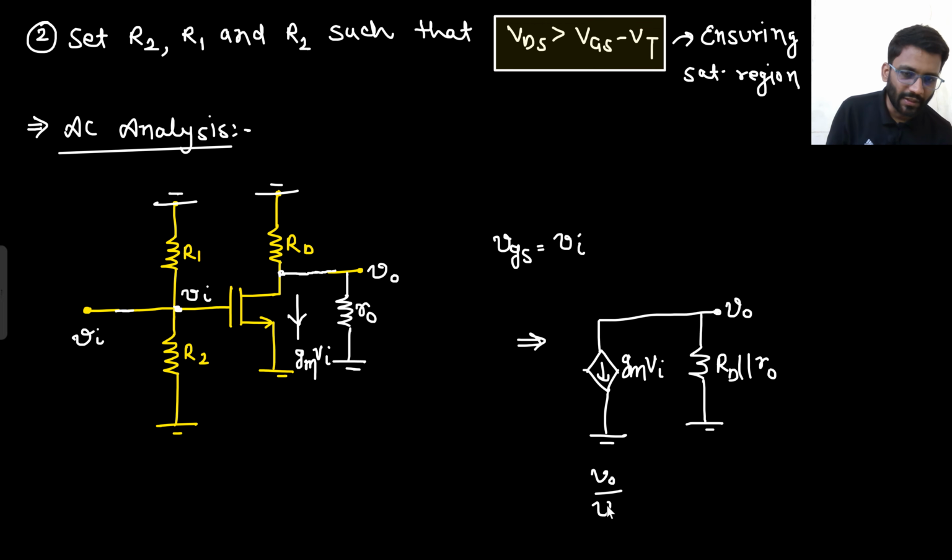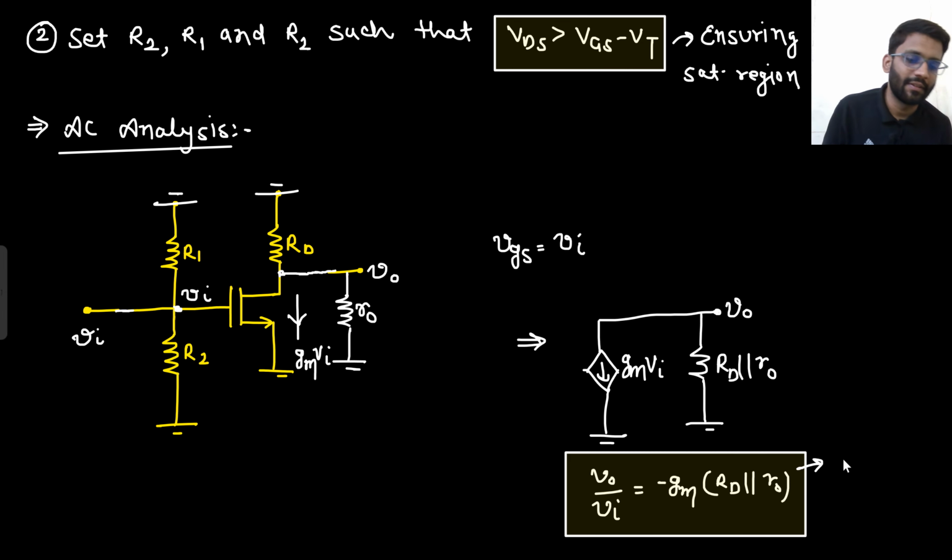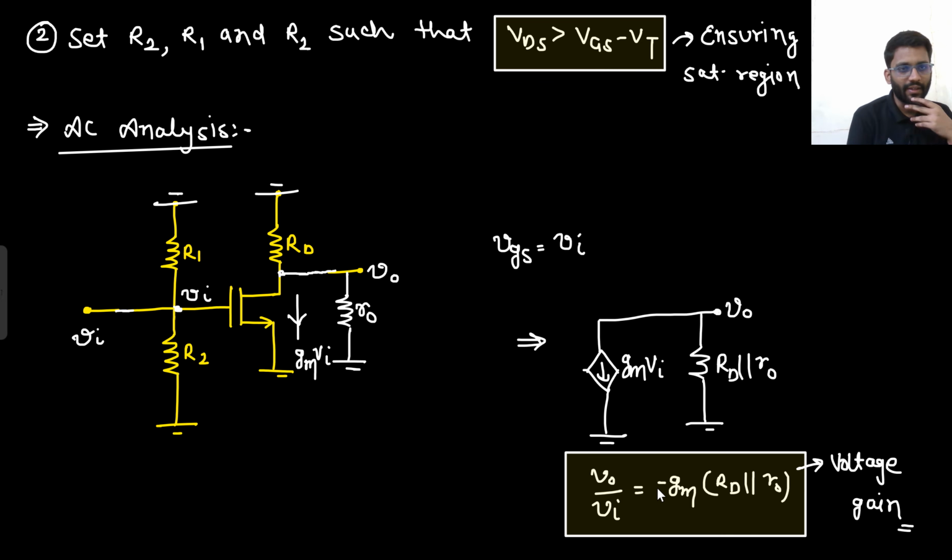The gain here would be minus GM RD parallel R naught. That's it. This is the small signal voltage gain. Did you understand this point?